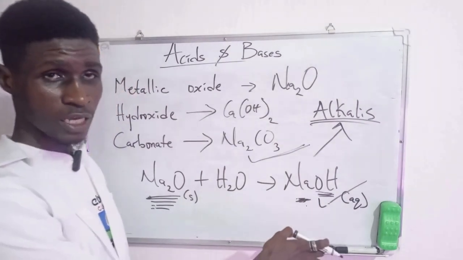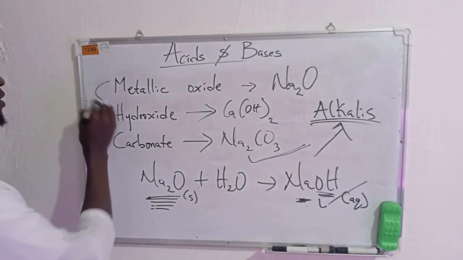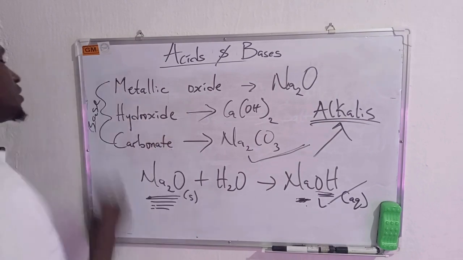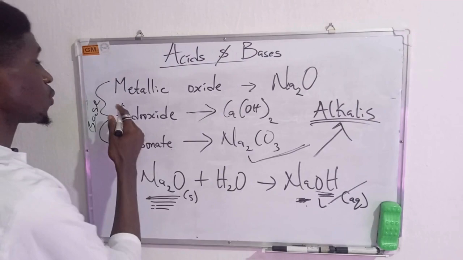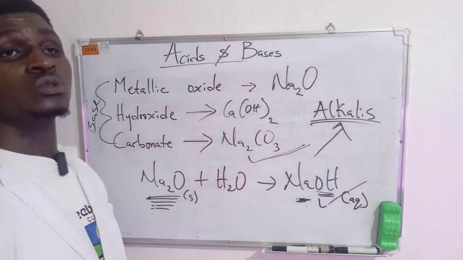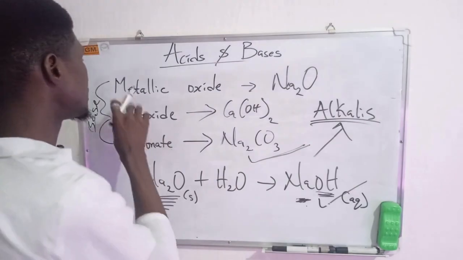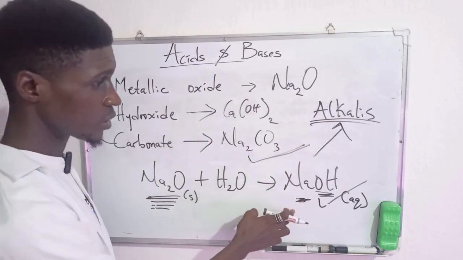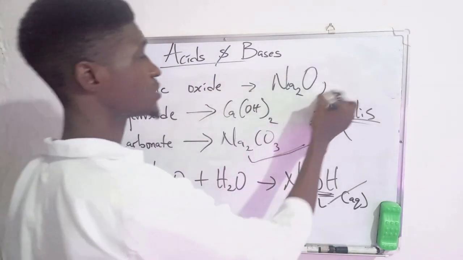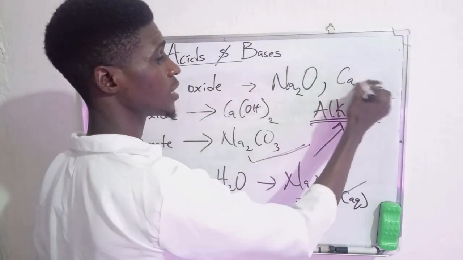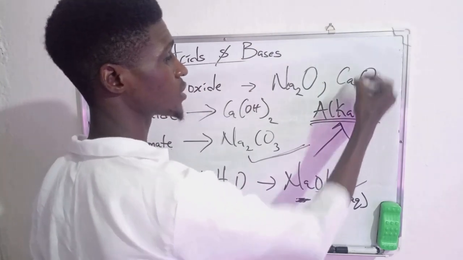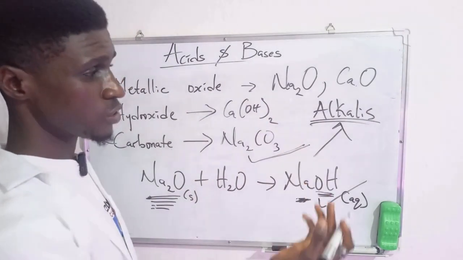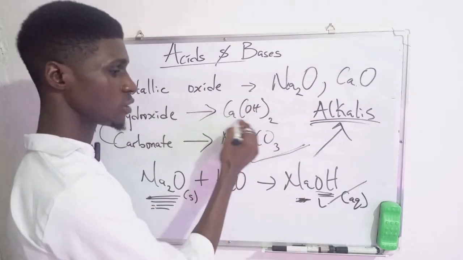Okay, so these are the three things that form what? Base. So one thing you should take home is that any substance that can produce hydroxyl ion is a base. This can produce hydroxyl ion, especially when you dissolve it in water. Even compounds like calcium oxide that can barely dissolve in water, it may not even dissolve well, but it will dissolve in water too.